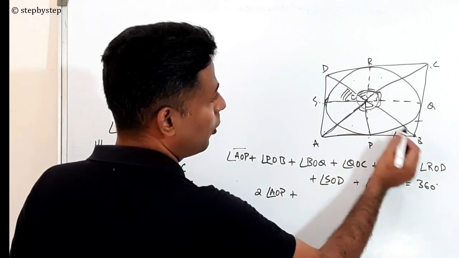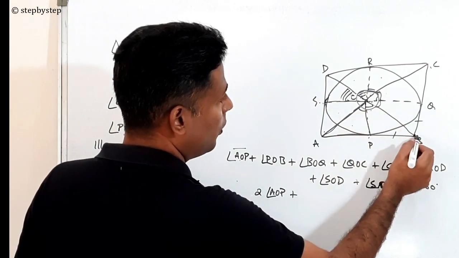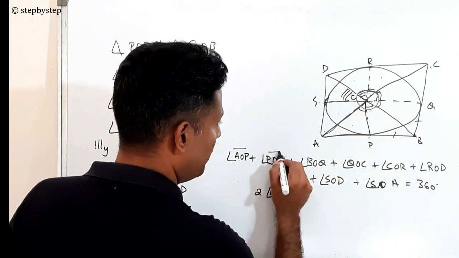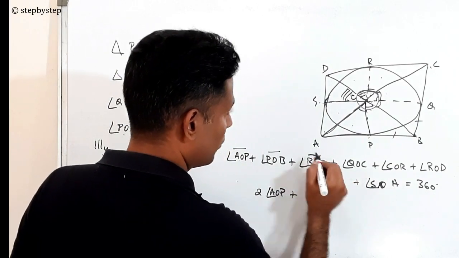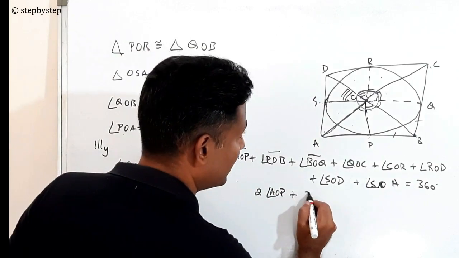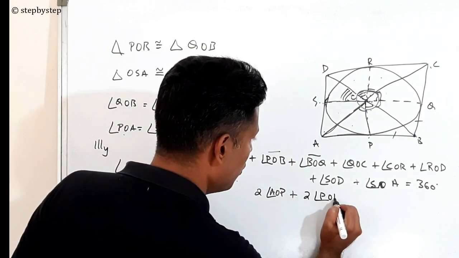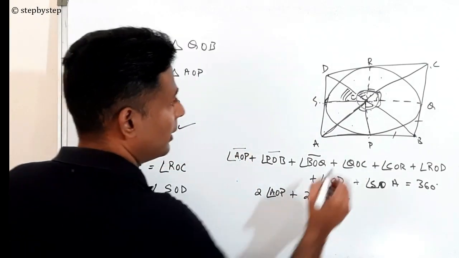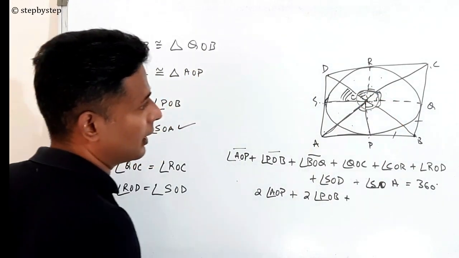Similarly, we have POB equal to QOB, which means POB and BOQ, these two are also equal. So I can write this as 2 times POB plus, now we have this angle and this angle equal.